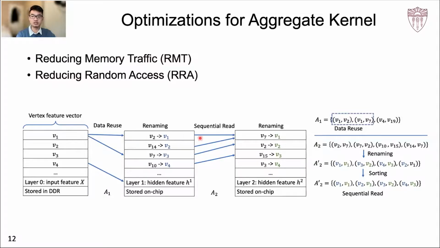We will also perform renaming and sorting. So for layer 2 and above, we can avoid random access because after renaming and sorting, the vertex numbers will match the order of how they are stored in the memory. These optimizations need to stay general so they can be applied to different GNN models.